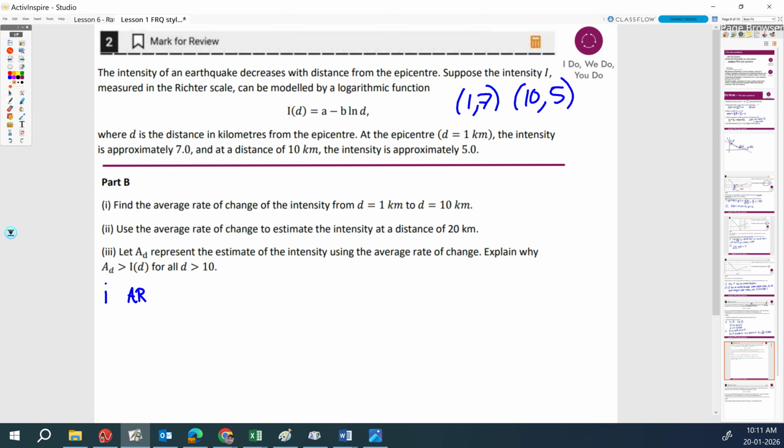So the average rate of change is equal to y2 minus y1 over x2 minus x1. It's amazing how many people are still writing the x values at the top, getting it the wrong way around. Have your coordinates written down. Make sure that we get it right. We've got 5 minus 7 over 10 minus 1. This is going to give us minus 2 over 9.